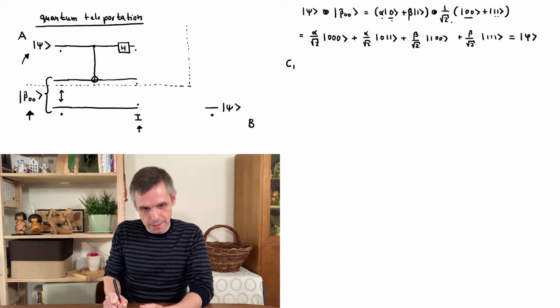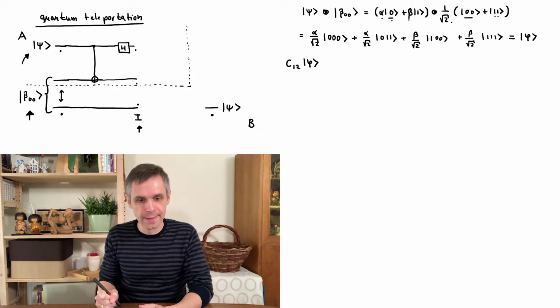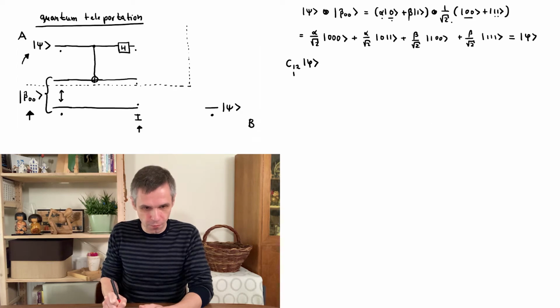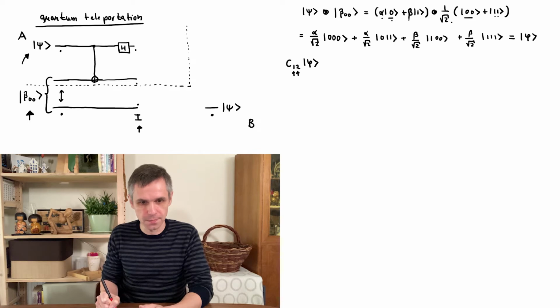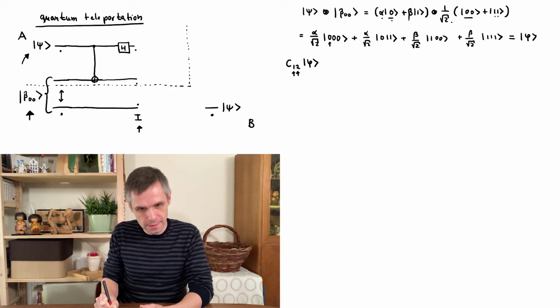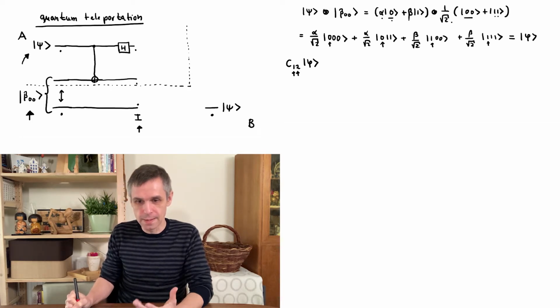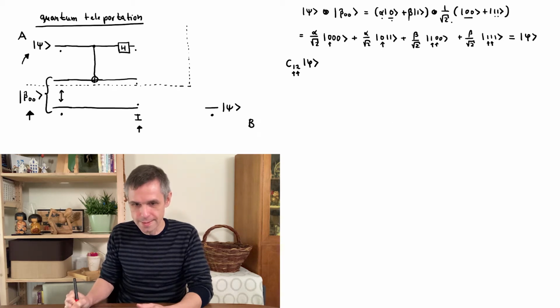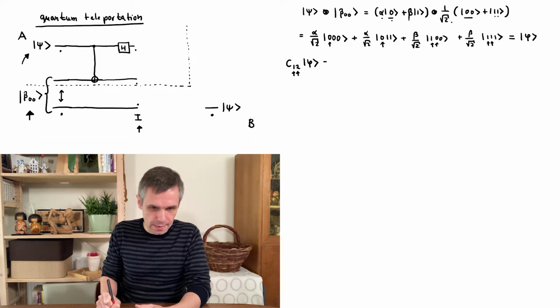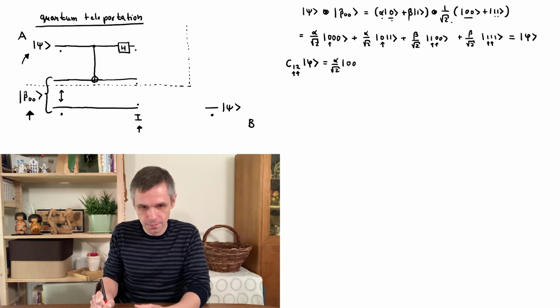Right, next we need to apply the controlled NOT gate onto this state. And this is a controlled NOT gate where the first quantum bit is controlling what happens to the second quantum bit. So the first quantum bit are these entries here. And whenever these are 1, we need to do something to the second quantum bit, which is in these two cases here. So what we find is that nothing happens to the first two components in this superposition.